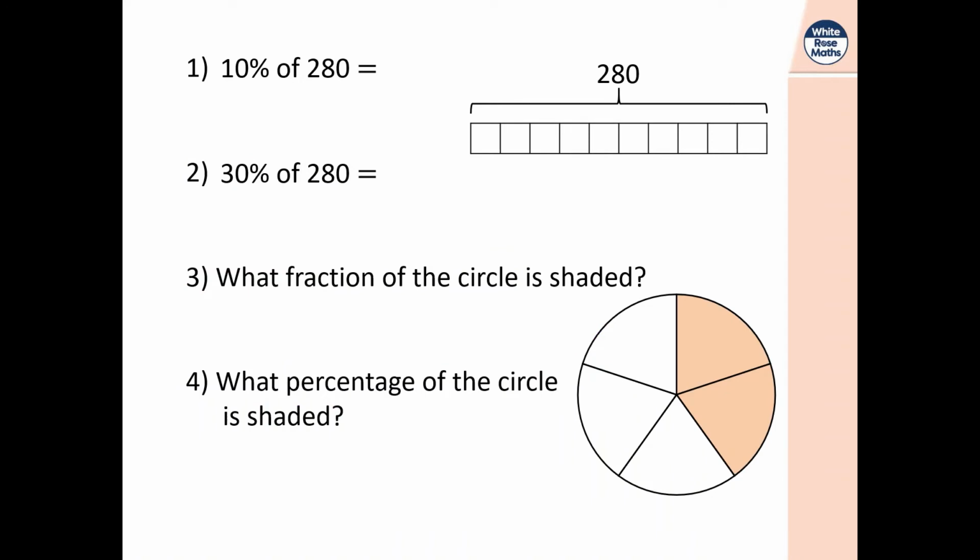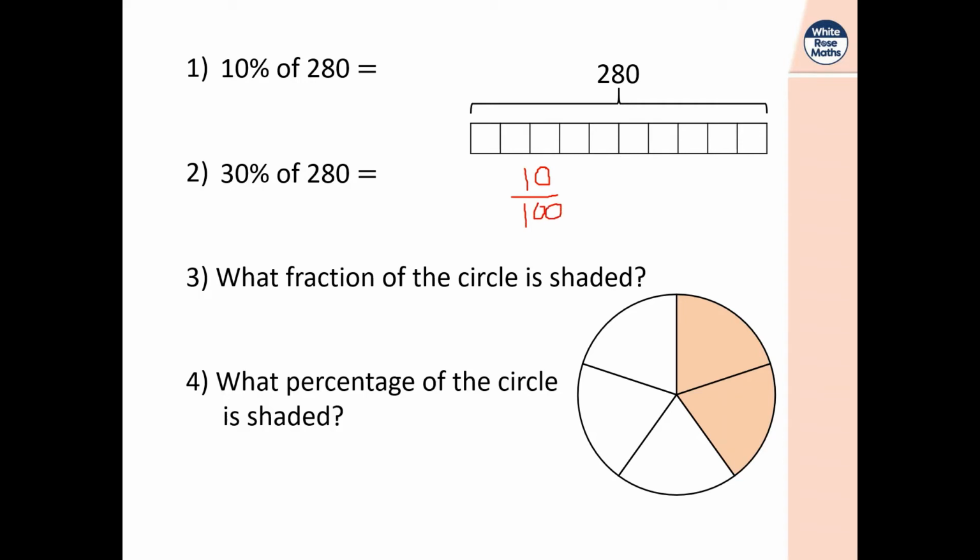First one says 10% of 280. On the side there's a bar model to help you, and you can see that has been split up into 10 parts. That is because when we find 10% of something, we divide by 10. And the reason that we divide by 10 is because 10% is the same as 10 out of 100.